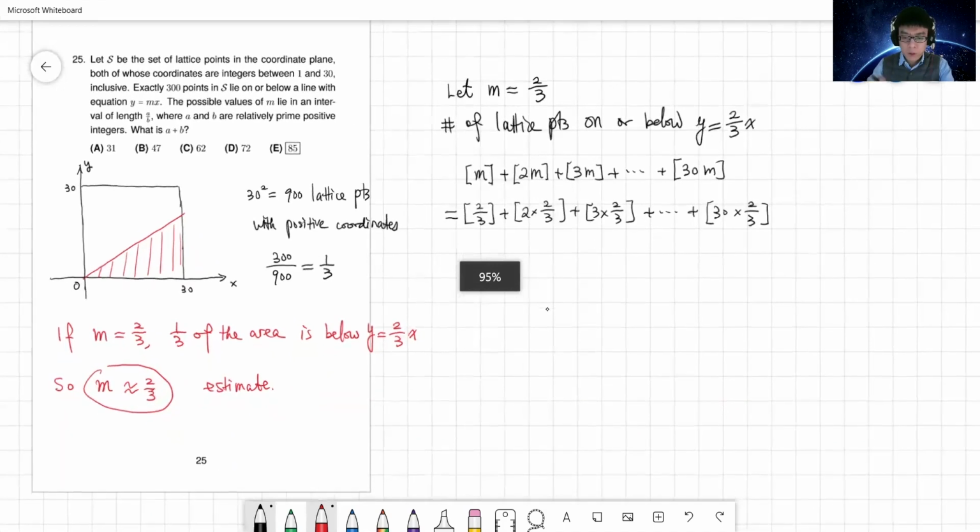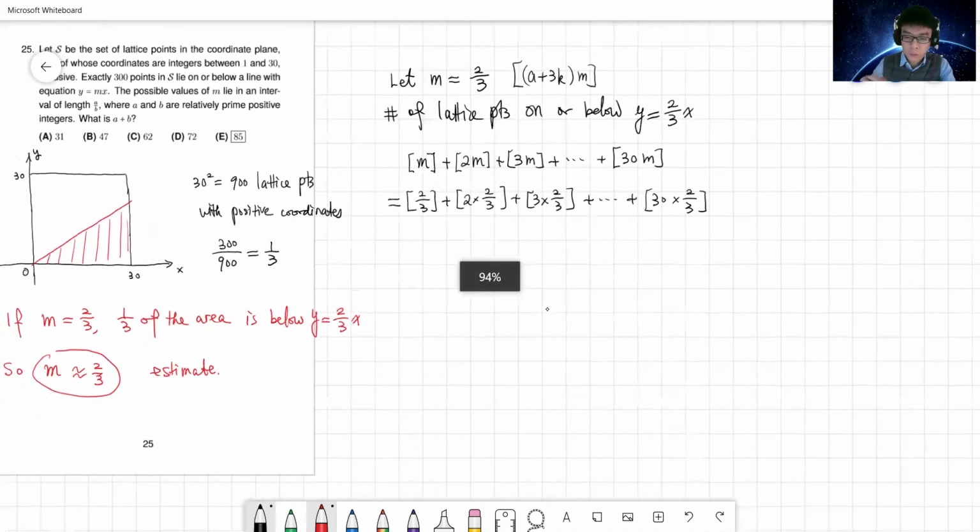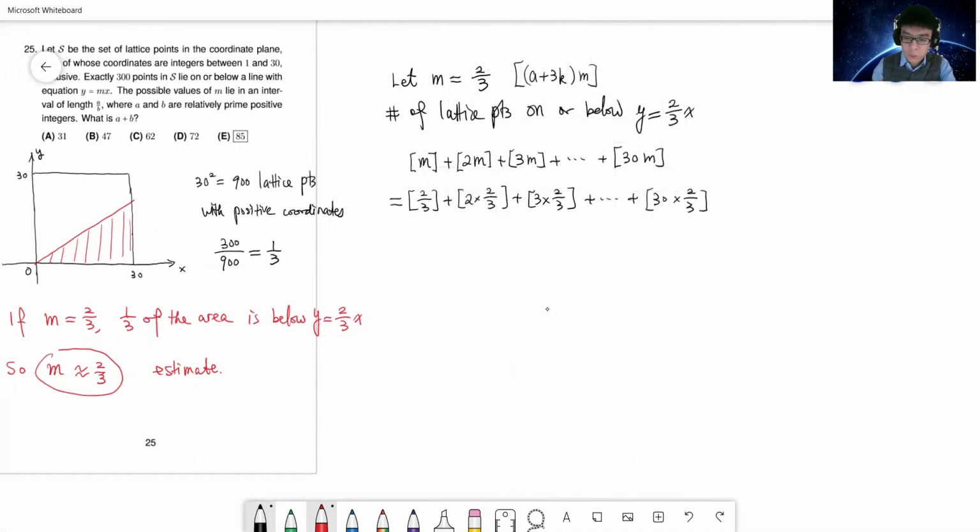If the integer is increased by 3, we just add a number of integers. Say we have am, and a plus 3k times m. This corresponds to am plus 2k. And 2k is an integer, so it's simply am plus 2k.